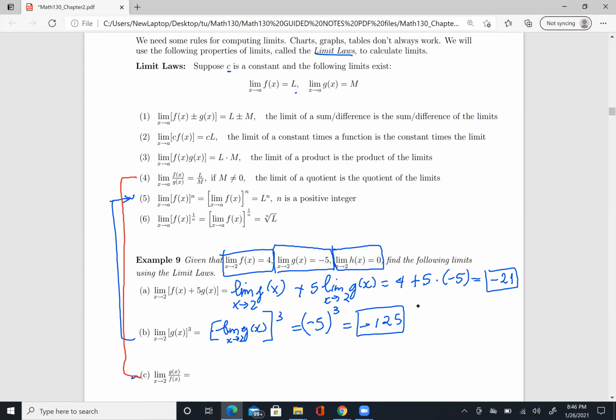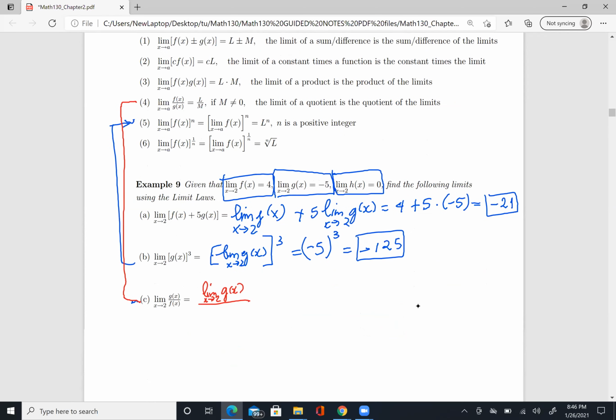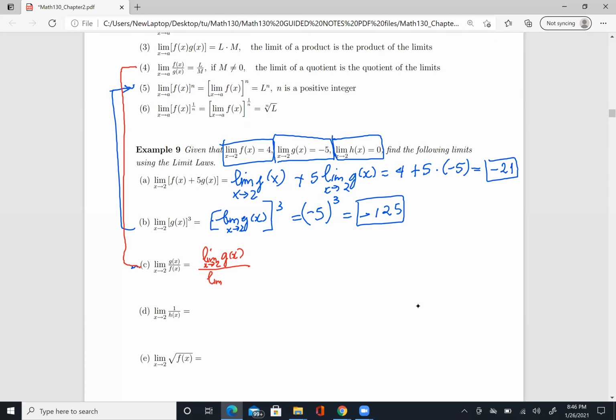So I have the limit of g(x) when x goes to 2 divided by the limit of f(x) when x goes to 2, and that is equal to negative 5 divided by 4.